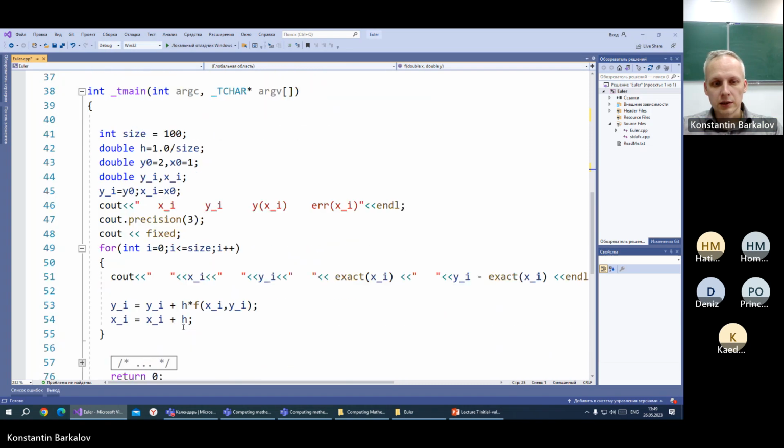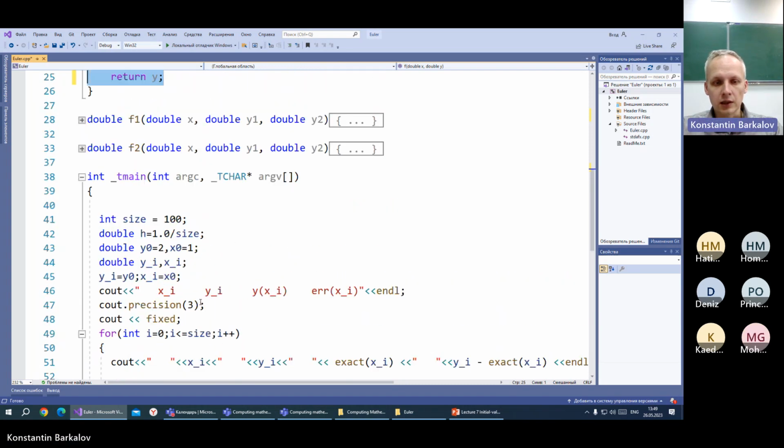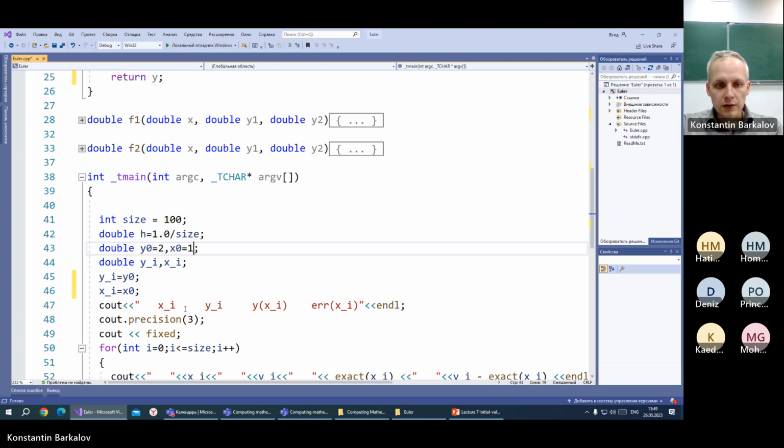Well, the next thing that I must fix here is the initial value, y0.